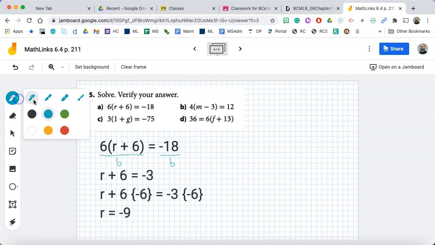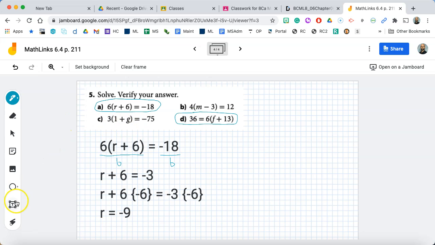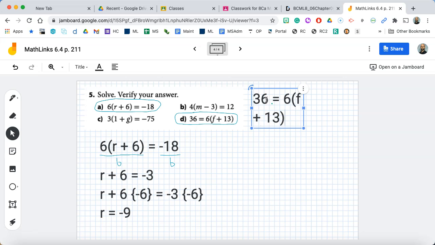Now let's move on to, I don't know, let's try D, since it's a little different. Let's try D. Okay. So we've got 36 equals 6f plus 13.